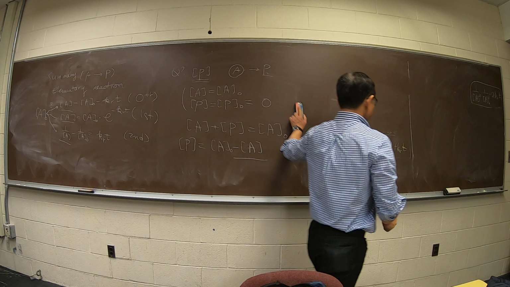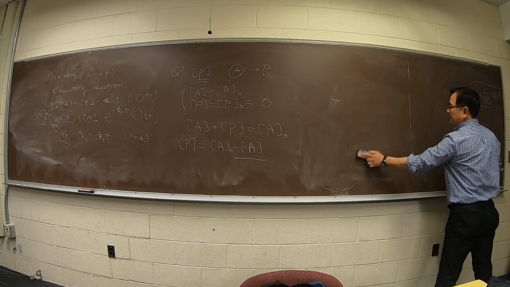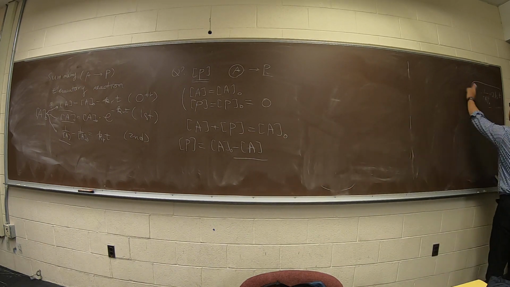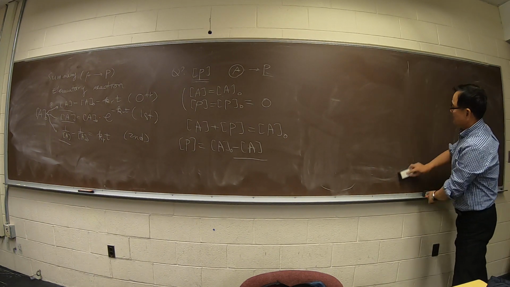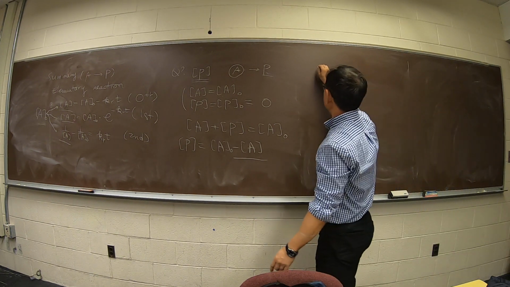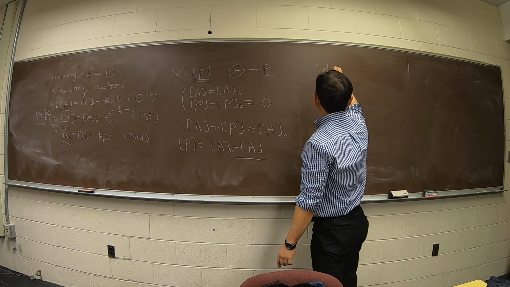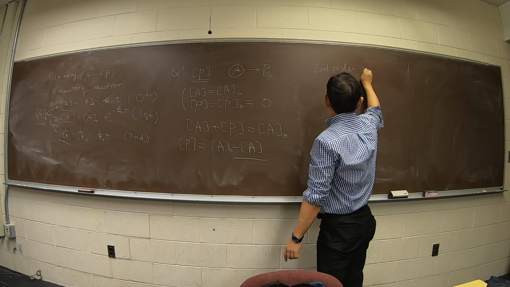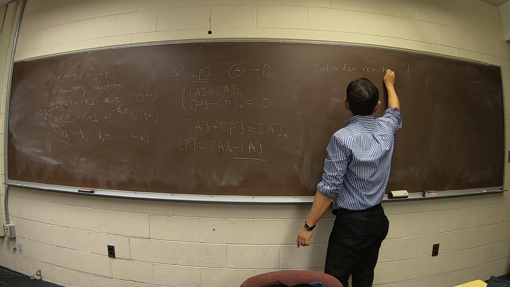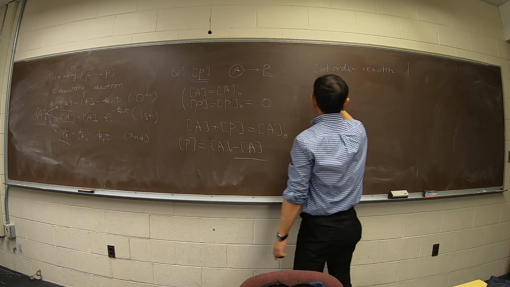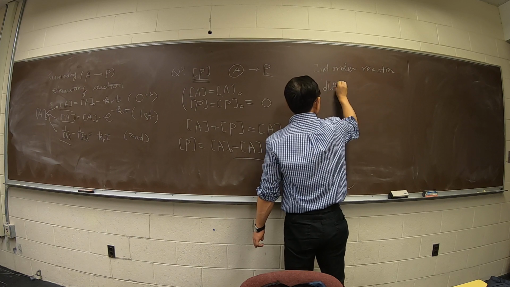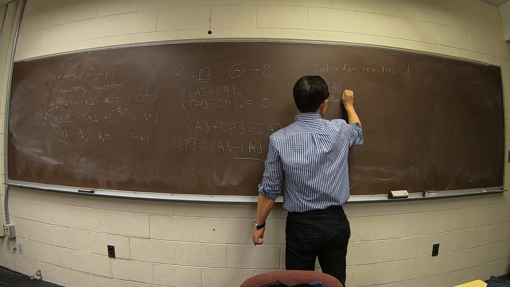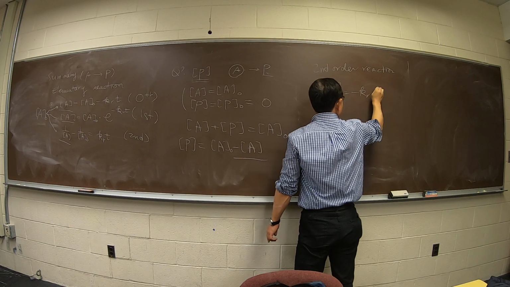And now I'm going to write an equation that is actually quite involved, okay? So I am going to write a second order reaction: dA/dt equals minus kR A squared.